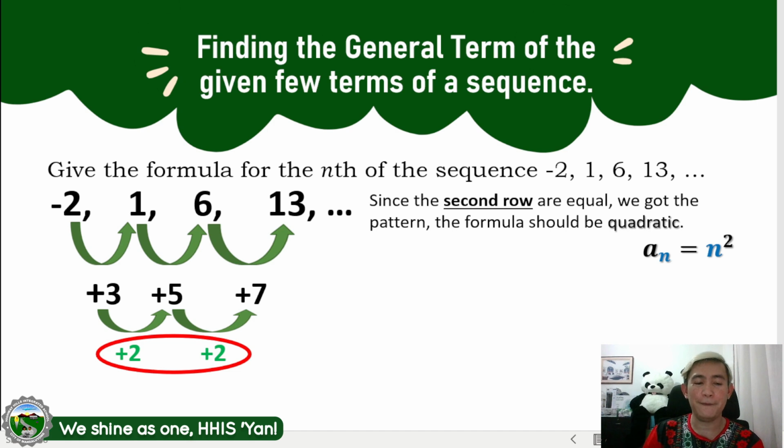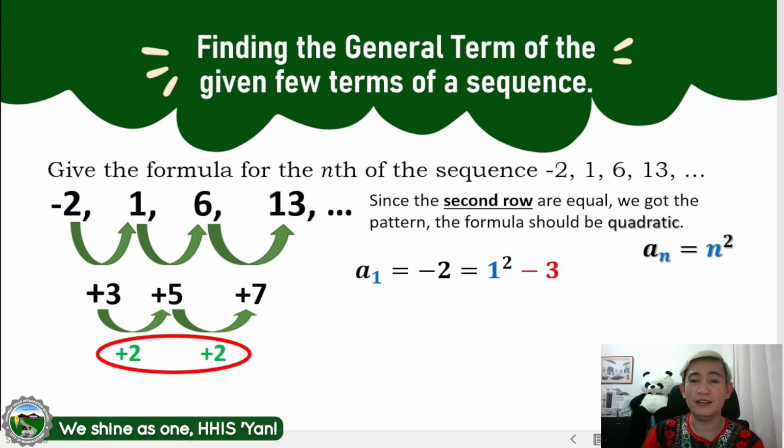And the next step is we have to check if the expression or the formula fits the given values by substitution. So we have to substitute 1, 2, 3, and 4 as our first, second, third, and fourth term of the sequence. So therefore, a sub 1 is equal to negative 2, and that is equal to 1 squared.